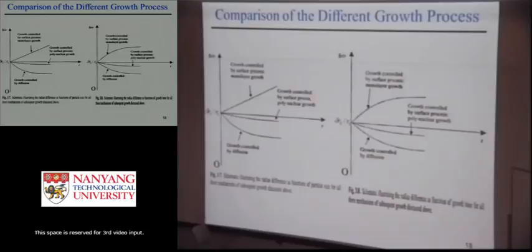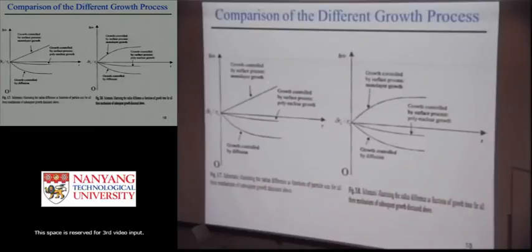If the growth is controlled by surface control, by polynuclear growth, the dispersity will also decrease, but to a lesser extent as compared to diffusion. The particle will become more uniform, but to a lesser extent. The similar change is represented in the growth time coordinate as well. So right now you can see that we want diffusion control, as compared to the other two processes.